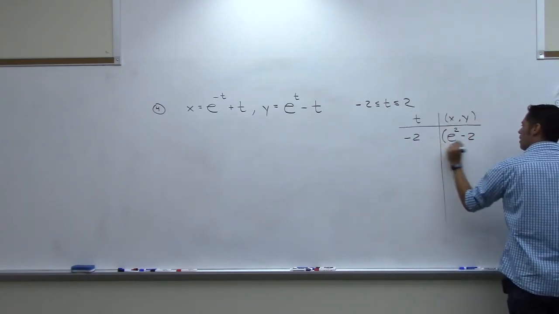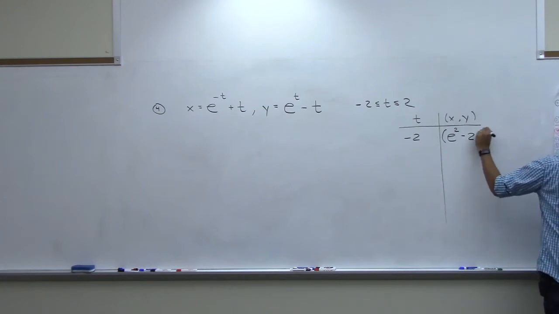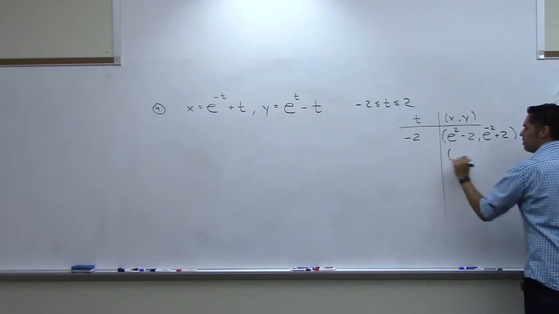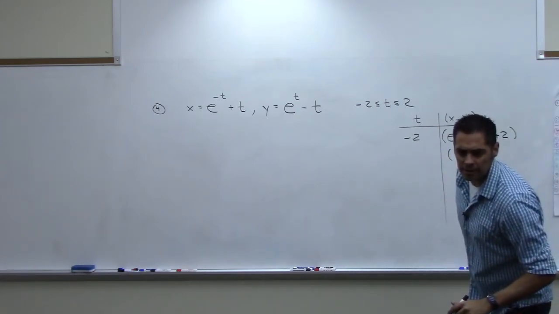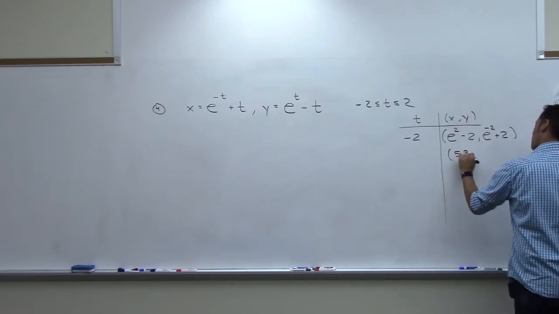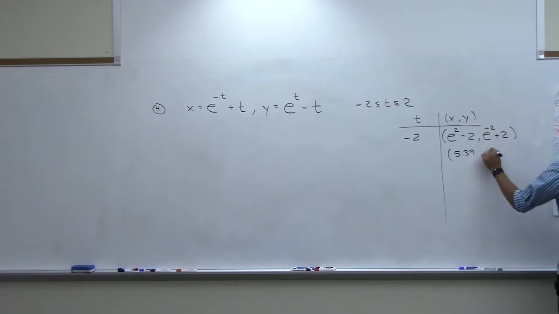That's our x coordinate. Our y coordinate will be e to the negative 2, and then minus negative 2, so plus 2. And let me go ahead and get those as decimals, and I actually have it right here. It's 5.39, and the other one is 2.14.